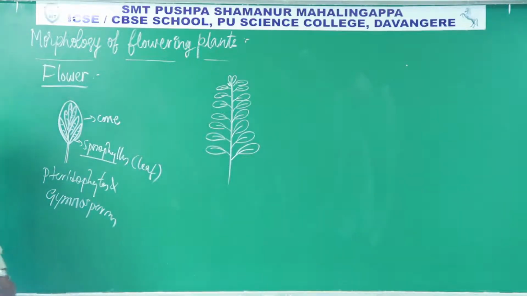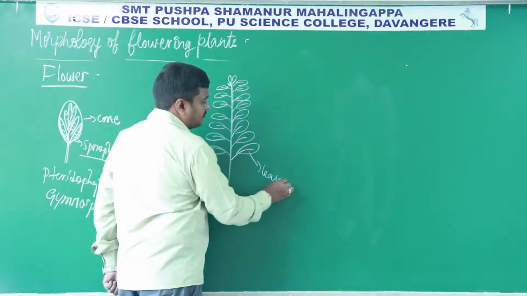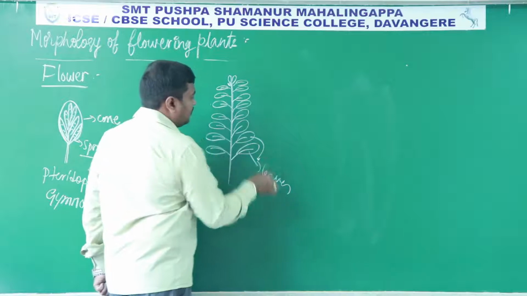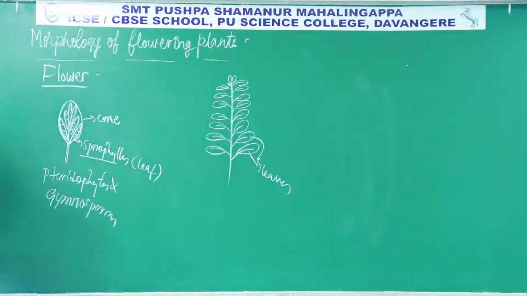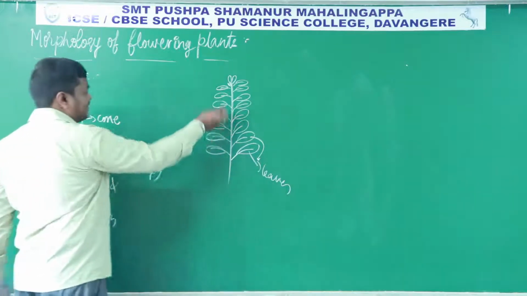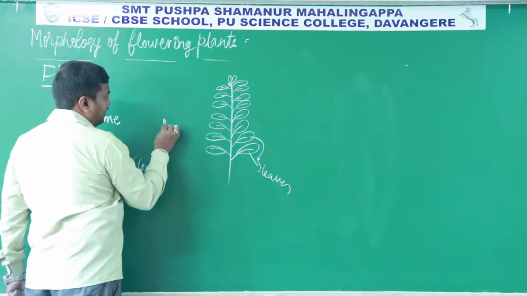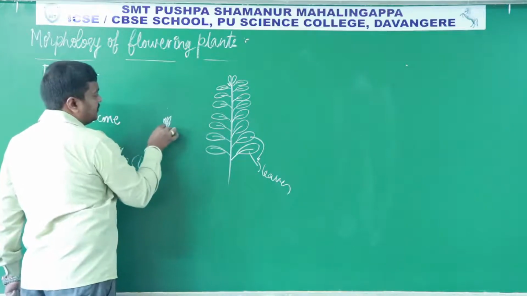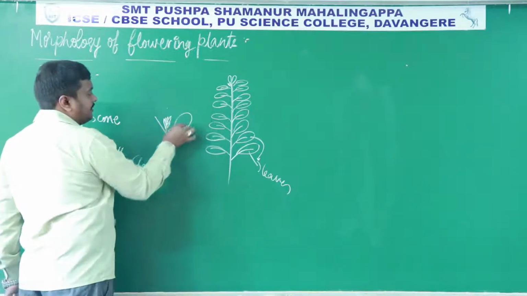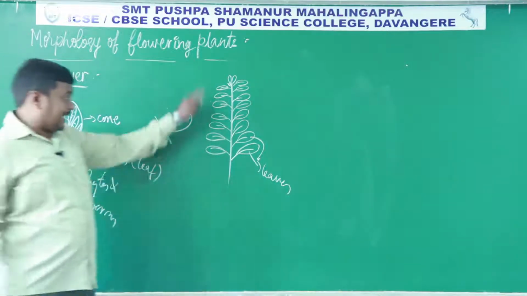Okay, so in this shoot system, these are all leaves. These leaves, at a very young stage, would have an arrangement like this. For a branch to form, the axillary bud should develop into branches like this.